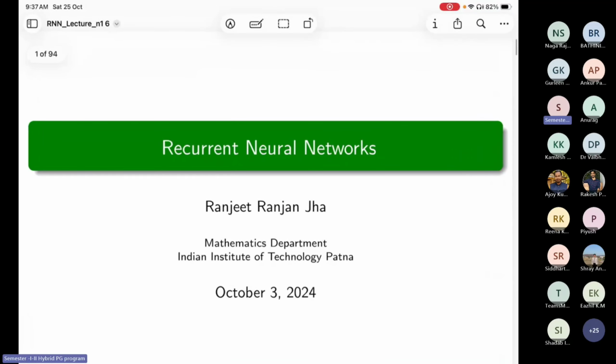Okay, so today we are going to start another family of deep learning, and that is recurrent neural network. So till now we have seen CNN and fully connected networks, and most of the time we were dealing with image based problems.